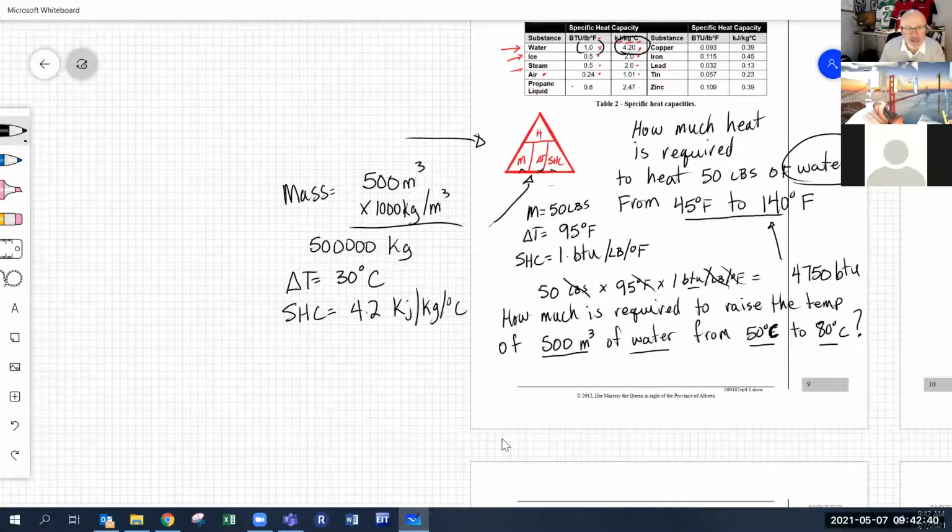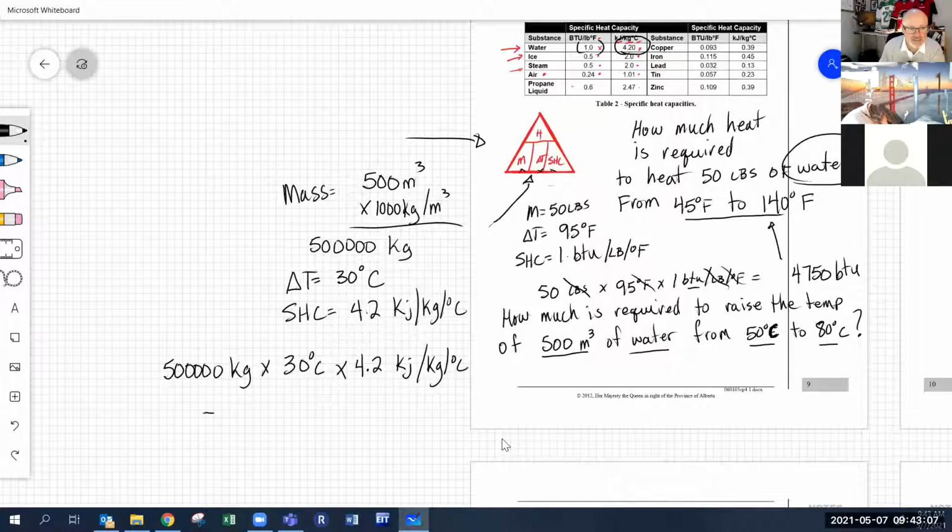And now I can put all of my variables in. So that's 500,000 kilograms multiplied by my delta T, which is 30 degrees Celsius, multiplied by my specific heat capacity of water, which is 4.2 kilojoules per kilogram per degree Celsius.